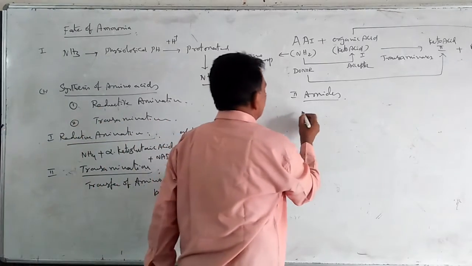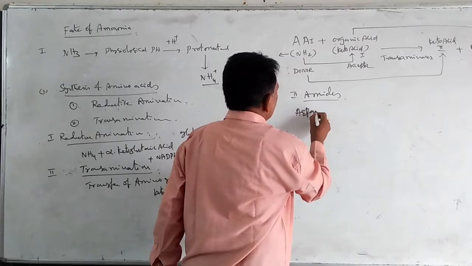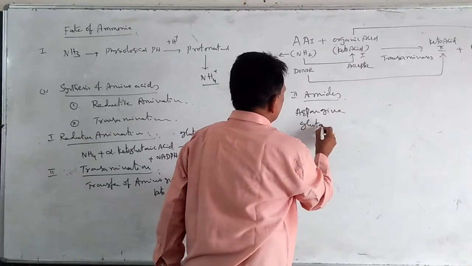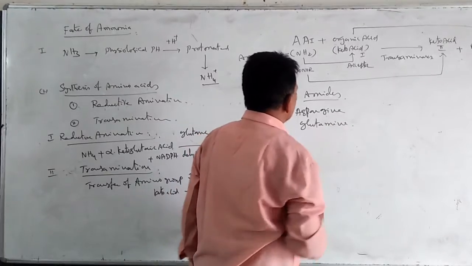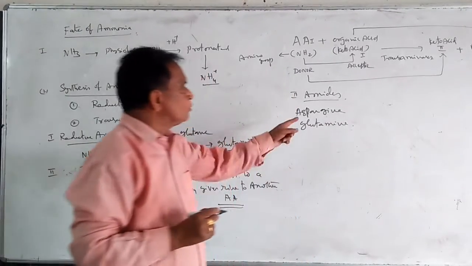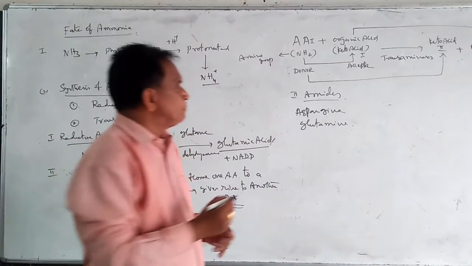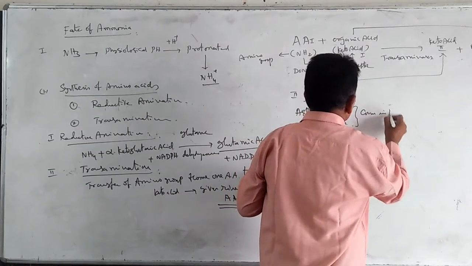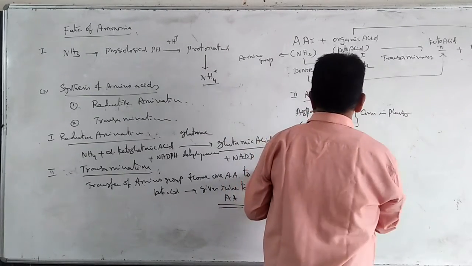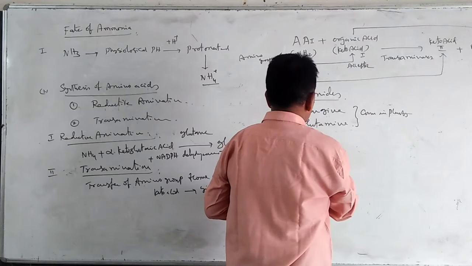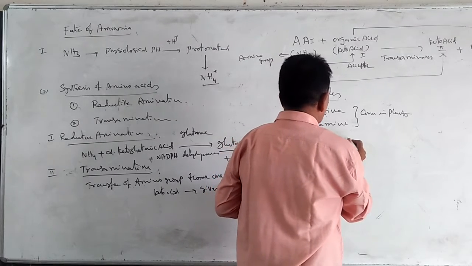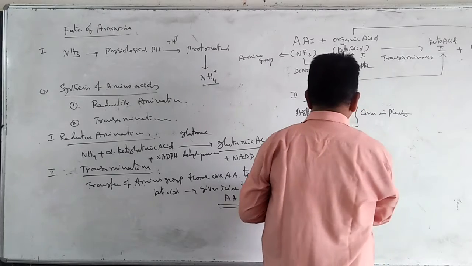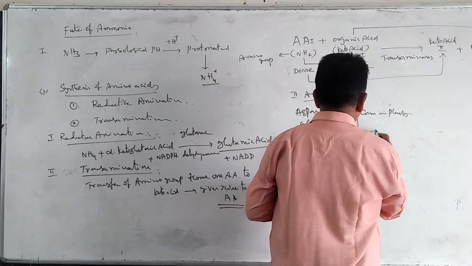There are two types of amides which are most common in plants: asparagine and glutamine. These are the two amides normally present in plants. Asparagine is produced from aspartic acid.